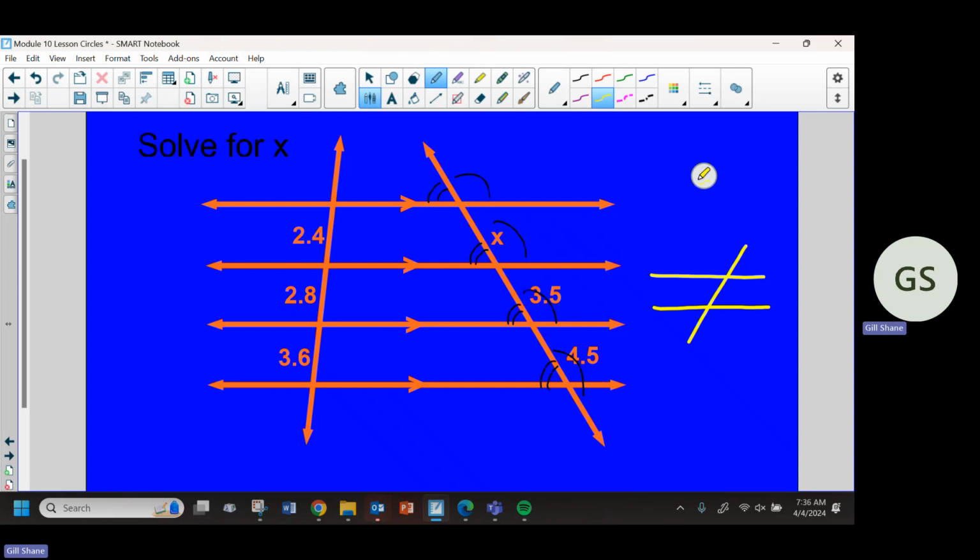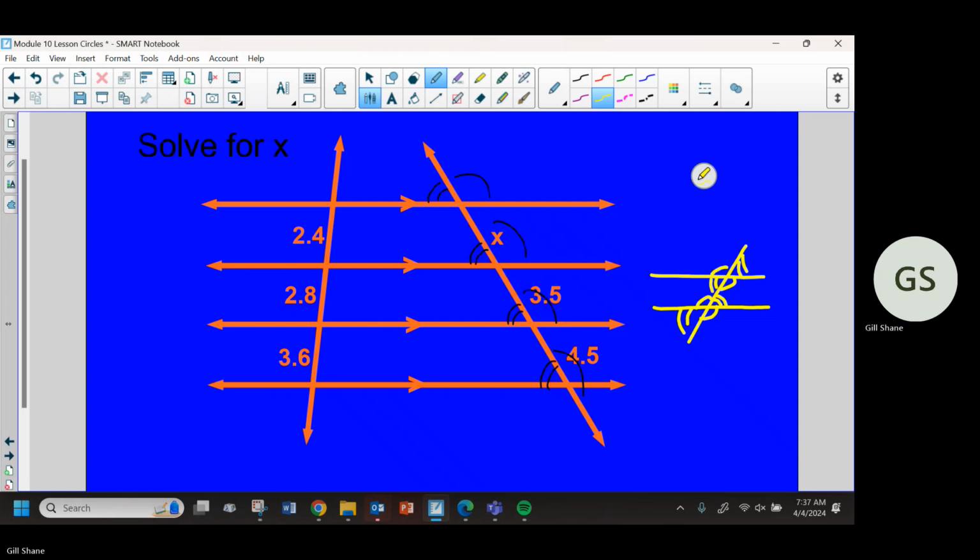We said if you have two parallel lines cut by a transversal, or a transversal cutting through the parallel lines, whichever way you want to think of it, it forms a bunch of congruent angles. The angles here were congruent and the angles here were congruent. Same concept here.